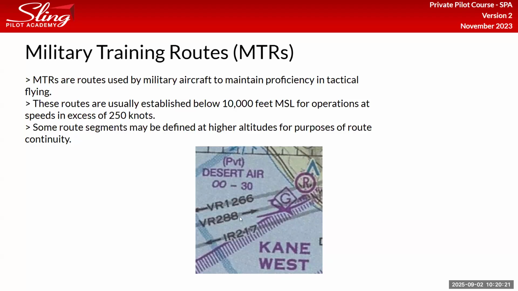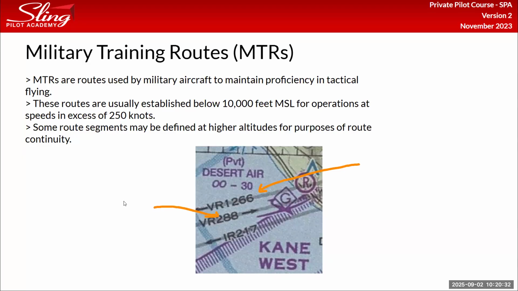And if the number is 3 digits, it's going to be above 1,500. And if it has 4 numbers, it's below.